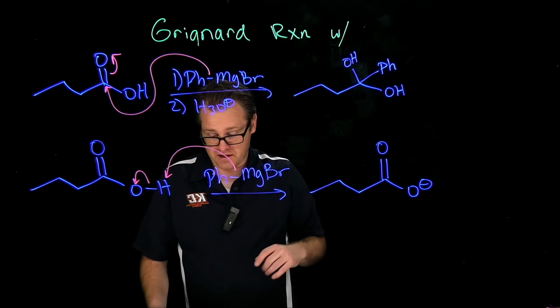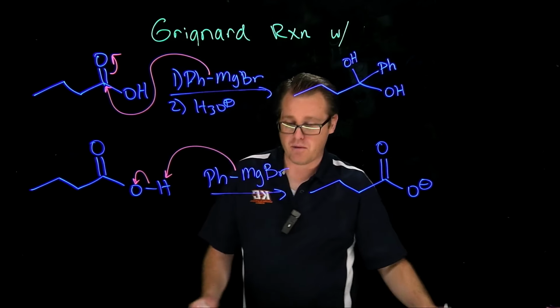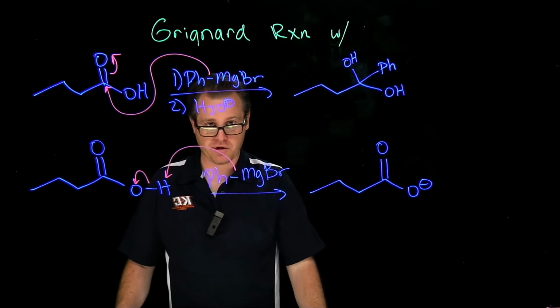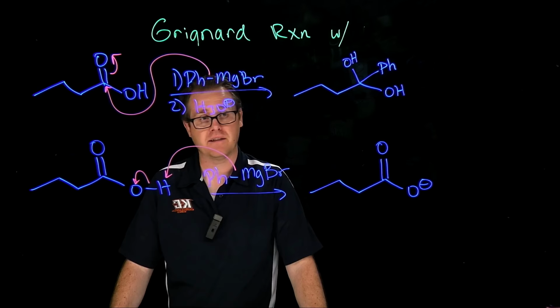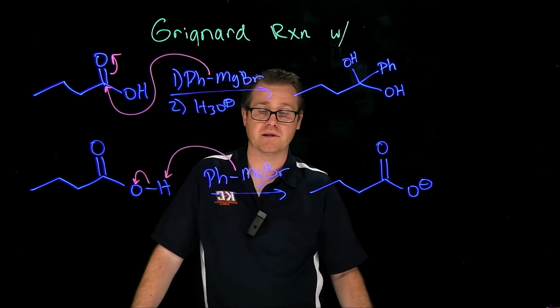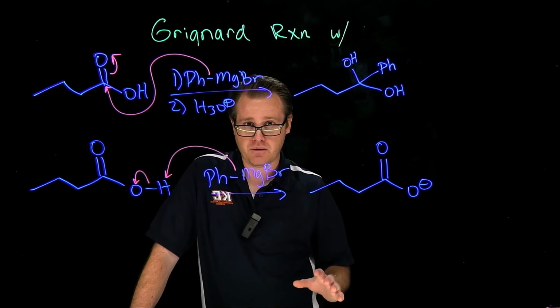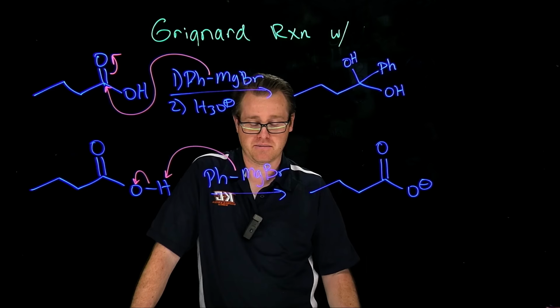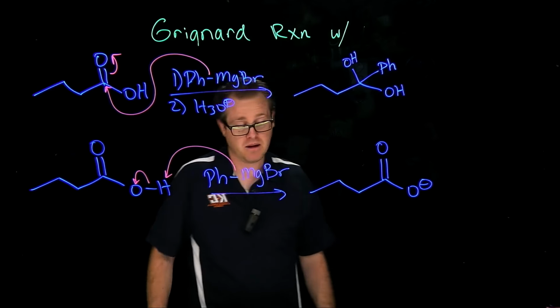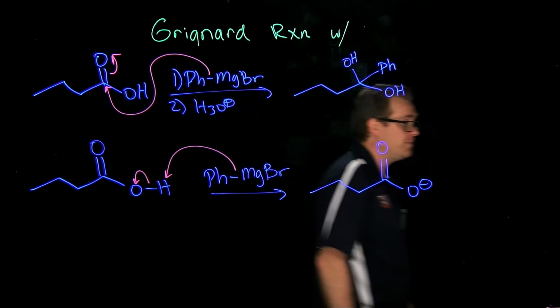Another thing that you need to be aware of is that when you're trying to make a Grignard reagent, you have to be careful that there aren't functional groups within your molecule that can react with the Grignard reagent. So I'll show you an example of that so you can understand what I mean.